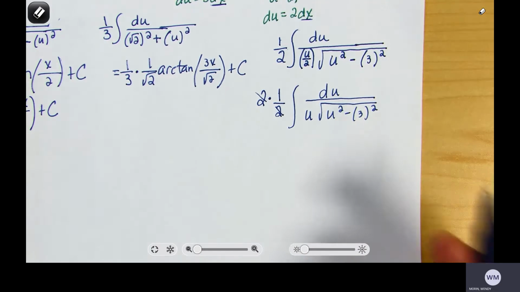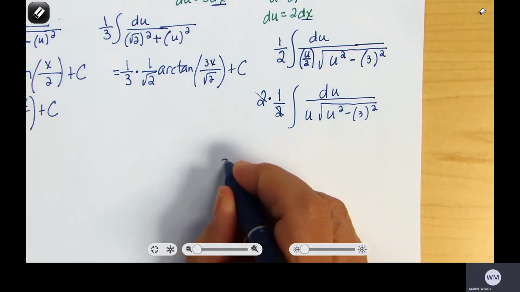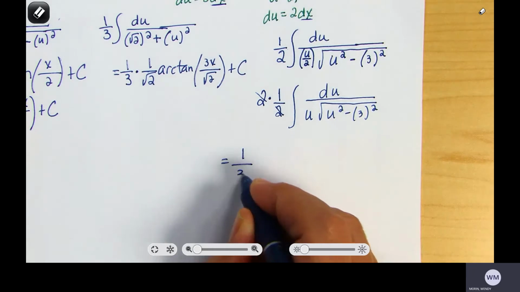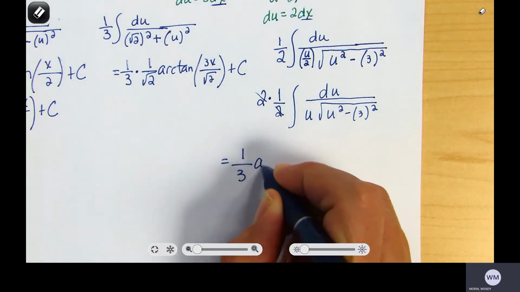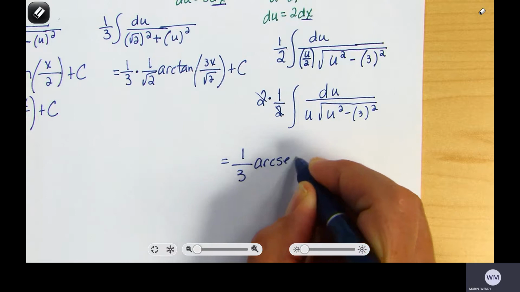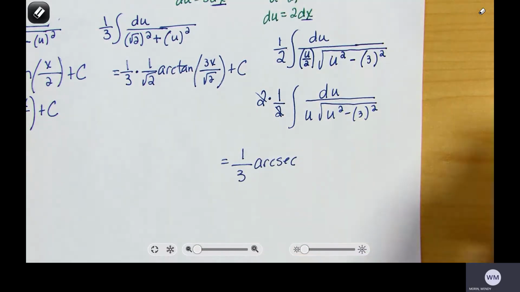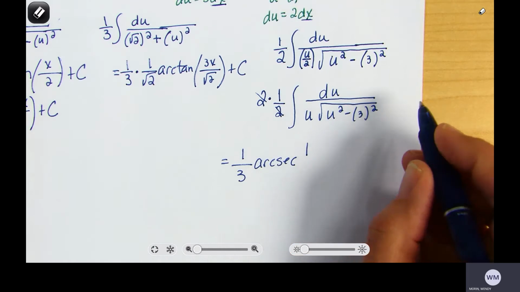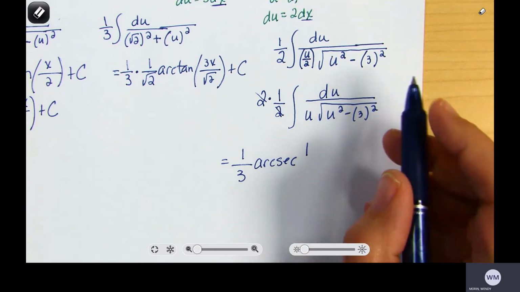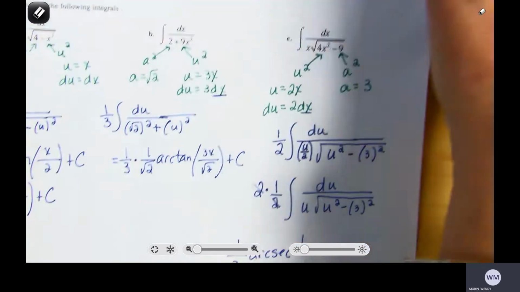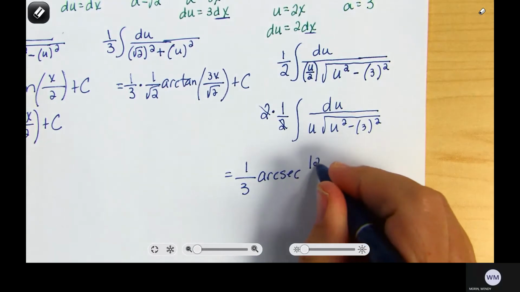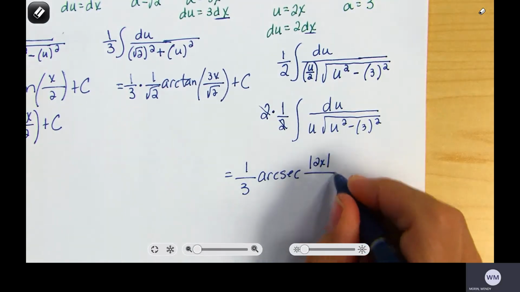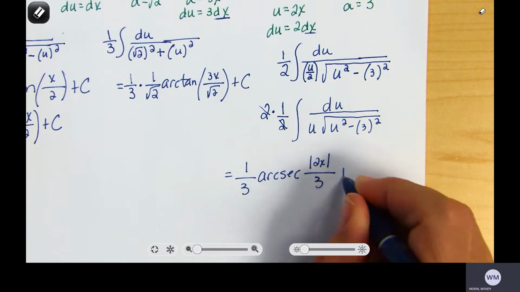And arc secant, again, I know it's new to us, but we have to memorize 1 over our a value, which is 3, times the arc secant of the absolute value of our u, which is 2x, divided by our a value, which is 3.